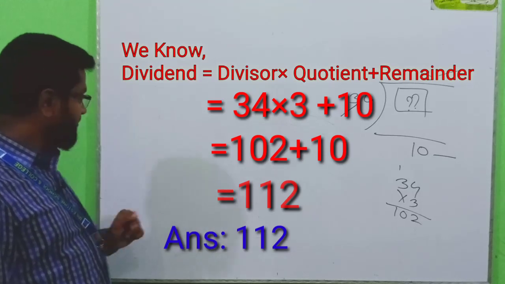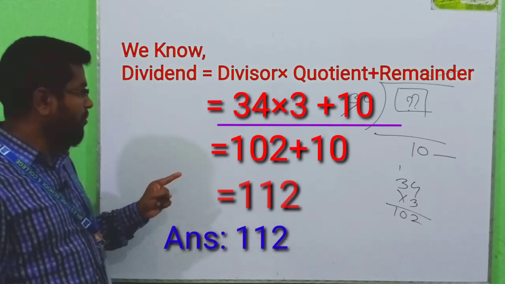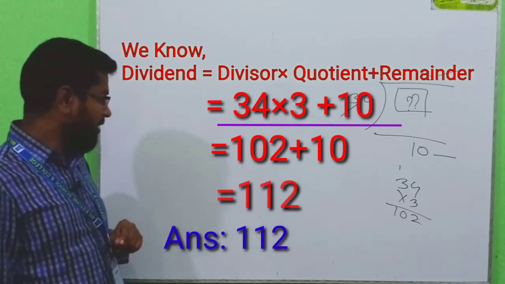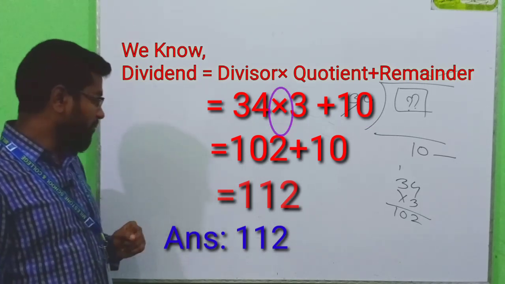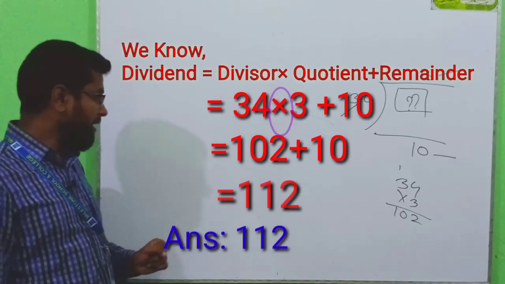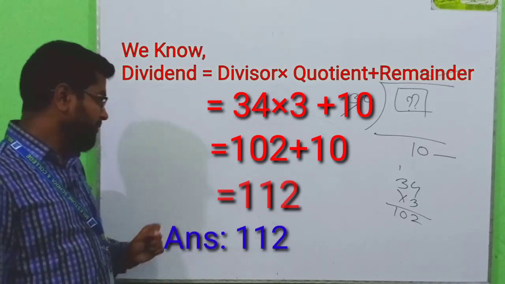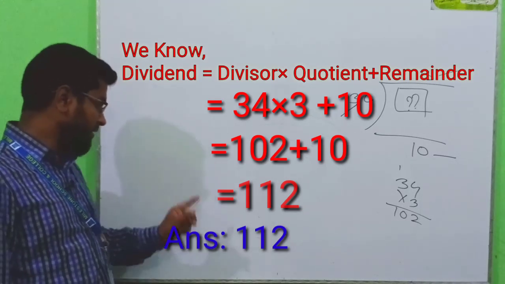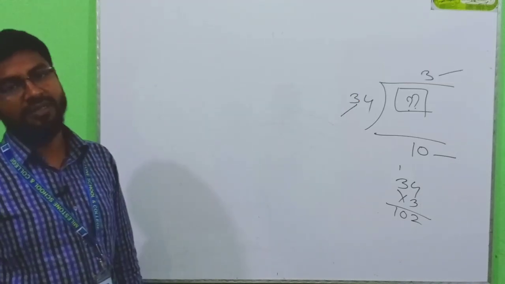So next line, we have written 34 multiply 3 plus 10. According to the operational rules, we have to do multiplication first. If I multiply, I have already shown the rough work, it will be 102 plus 10, then 112. Answer is 112. Okay.